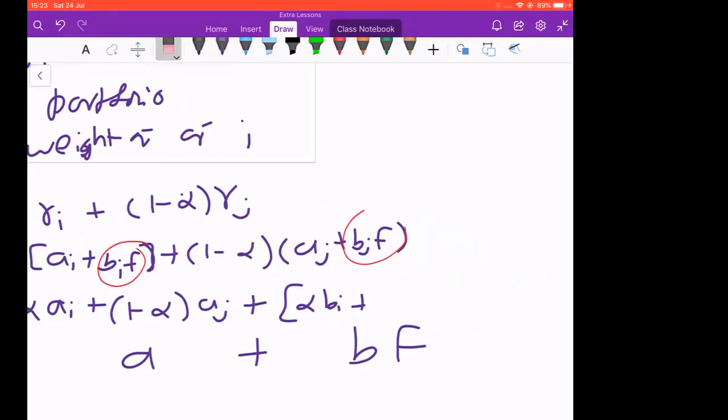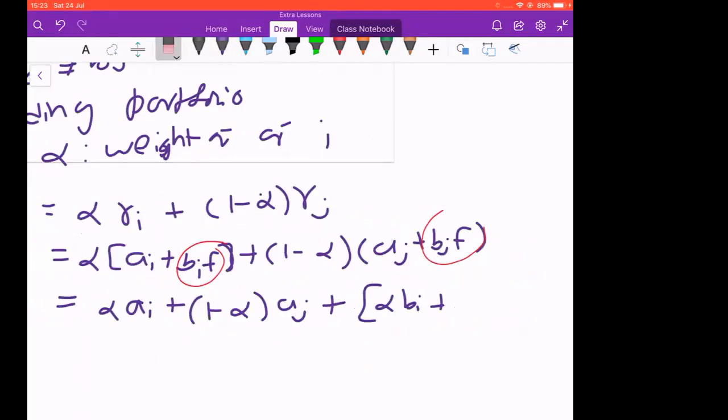So basically your BI, so I have this one over here, and then I have 1 minus alpha BI F, where F is our factor, right?